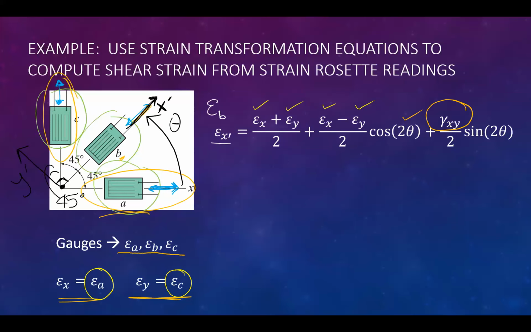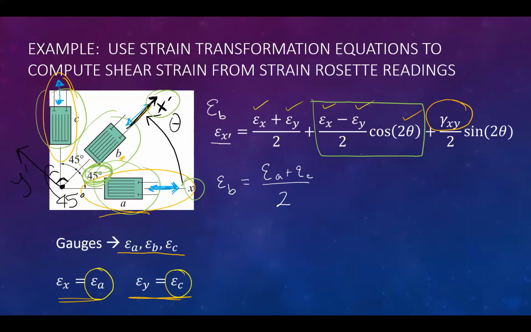We agreed that the strain in the B direction is our normal strain X prime, and we're going to add strain A plus strain C and divide by 2. Now for this second term, notice that there's a cosine of 2 theta, and we agreed that theta is 45 degrees because that's the rotation between the x-axis and the x prime axis.